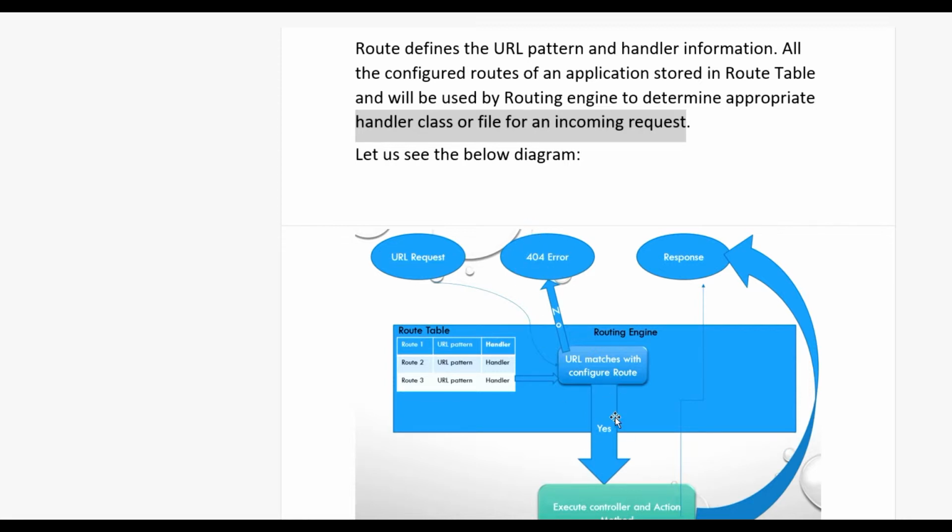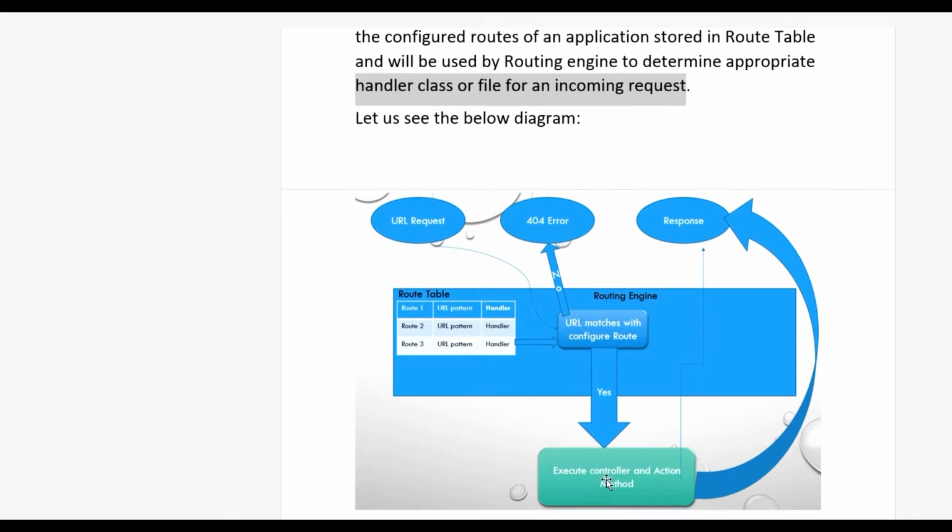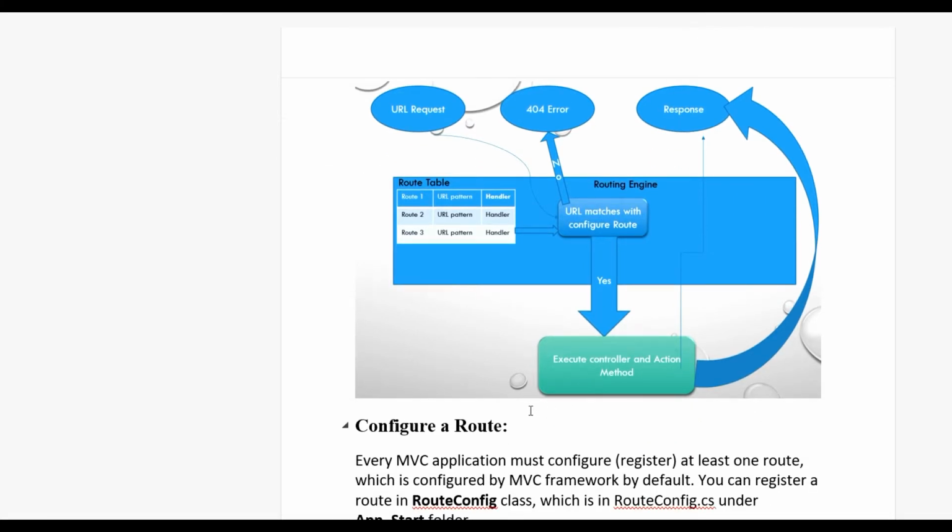In the case of a match, the controller's action method is executed and gives the response to the user. That's how MVC works. Now, how to configure a route?